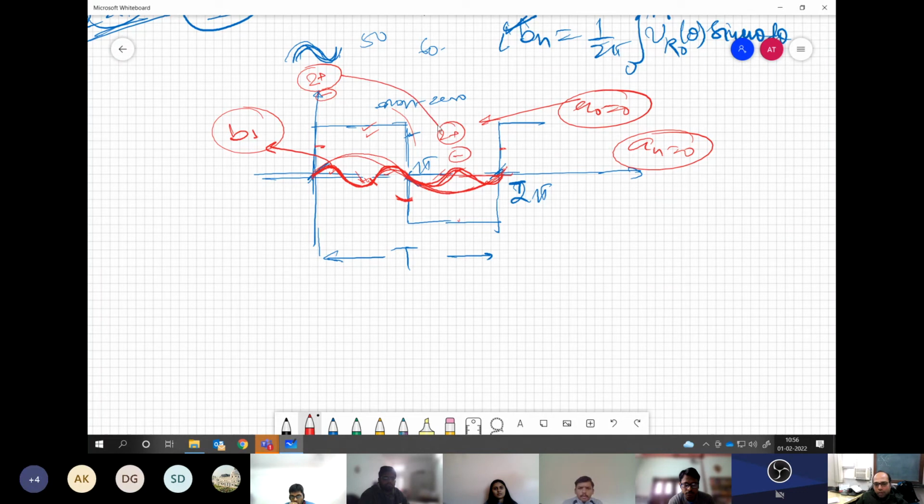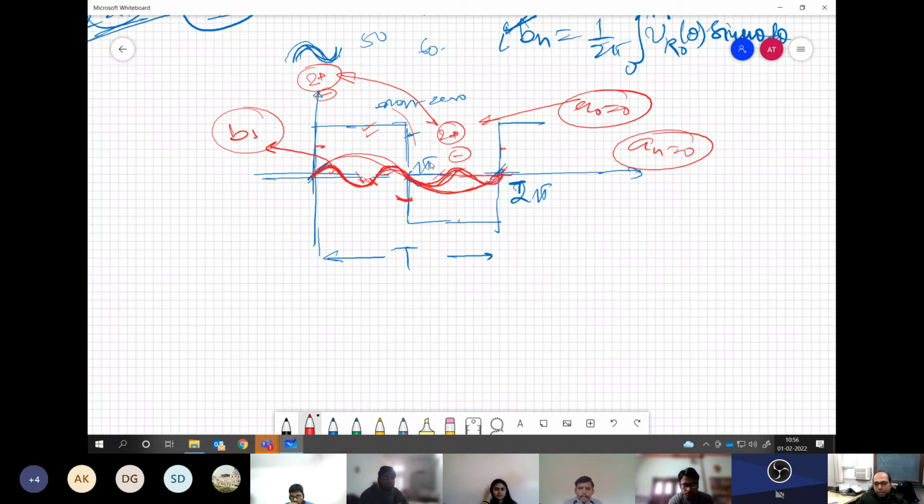So overall you have some average value present in total. Some part is getting cancelled, of course, but it is not getting cancelled entirely. Just keep these observations in mind because I'm trying to take you towards something important, which is called waveform symmetry.